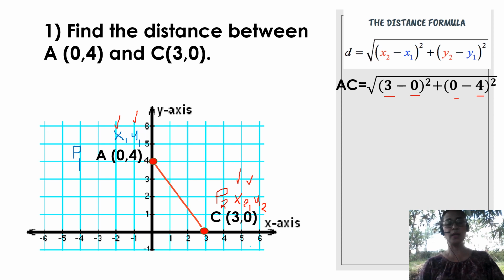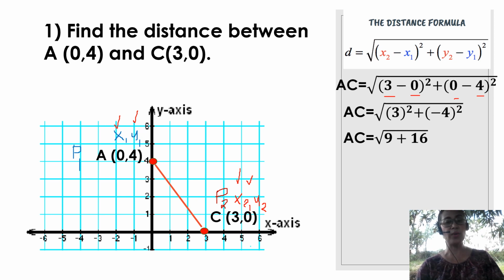Okay, then evaluating everything inside the parentheses, we get 3 minus 0 is 3, 0 minus 4 is negative 4. So therefore, we have 3 squared plus negative 4 squared. Okay, 3 squared is 9 plus positive 16. Then we add, we have the square root of 25, and the answer is 5 units.